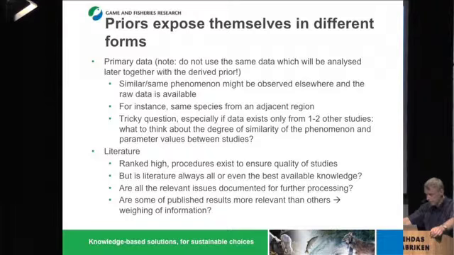If we have such primary data, and now I'm not talking about the primary data of the study in concern, for which we want to apply a prior, then we have to take primary data from somewhere else, in time or space. The question is then, how exactly one-to-one are the observations, or the process from which observations are collected, in this adjacent region or different time period, to the phenomenon we are studying.